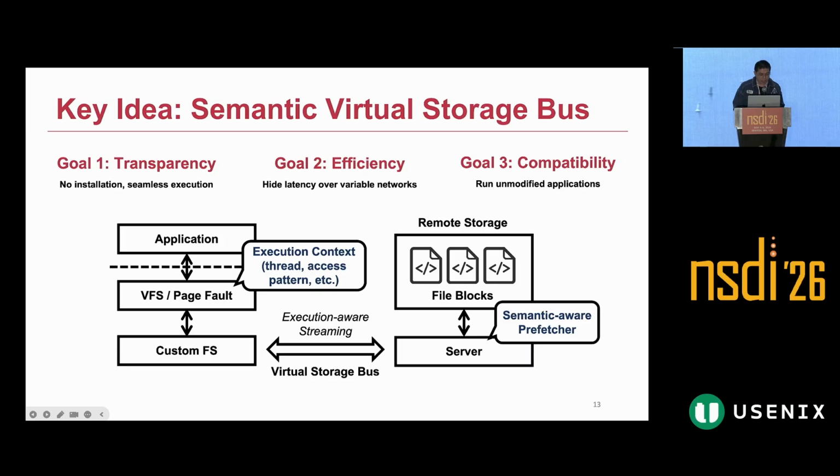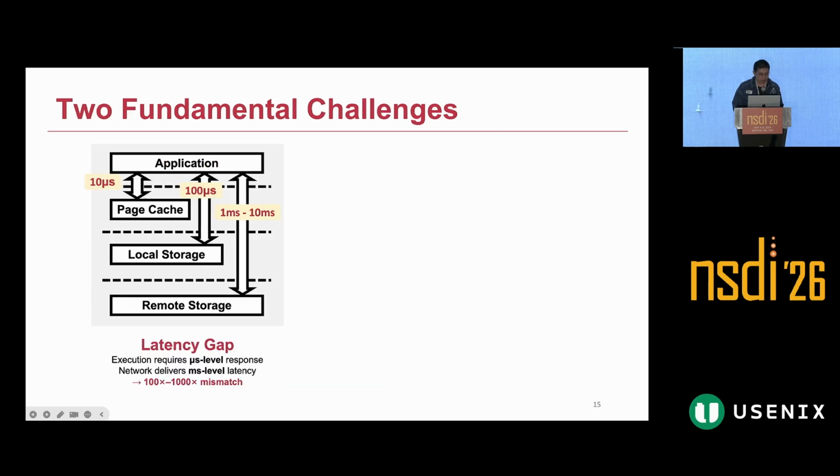Based on this context, a semantic-aware prefetcher predicts future block access sequences, prefetches code blocks ahead of time, and streams them on demand. This enables what we call execution-aware streaming, effectively turning remote storage into a local execution-aware bus. As a result, applications can run without installation, achieve low latency execution, and remain fully compatible without modification.